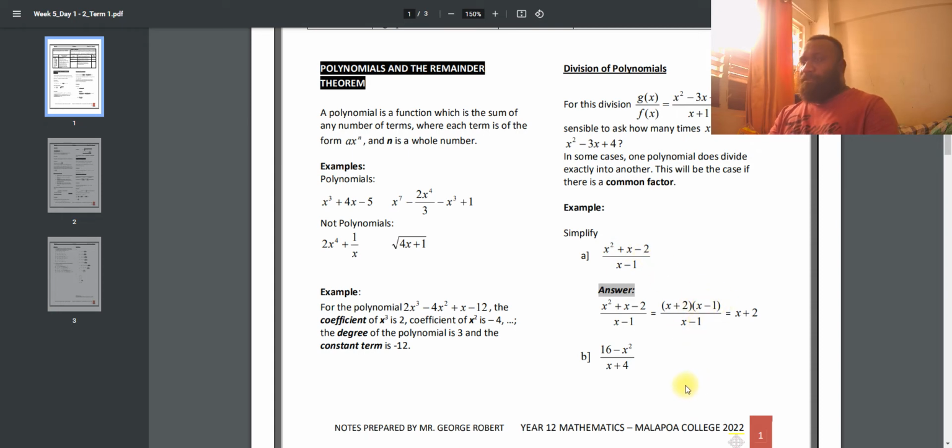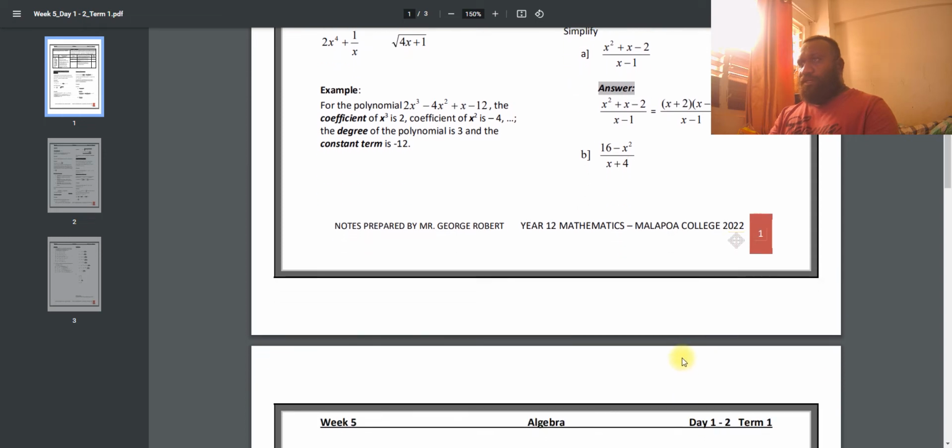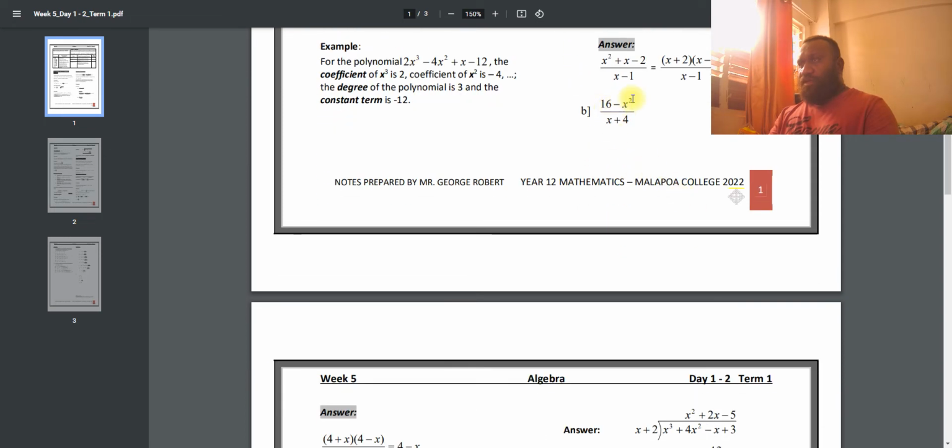Moving on, part b, we have 16 minus x squared. Notice that 16 is a square number and x squared is a square number, so we have a difference of two squares.